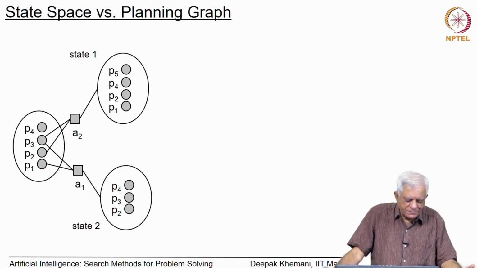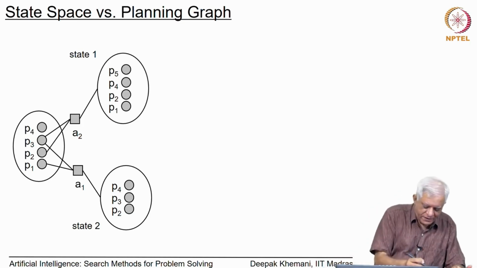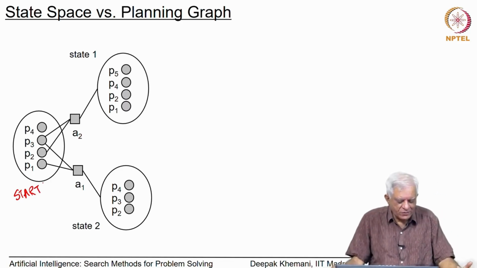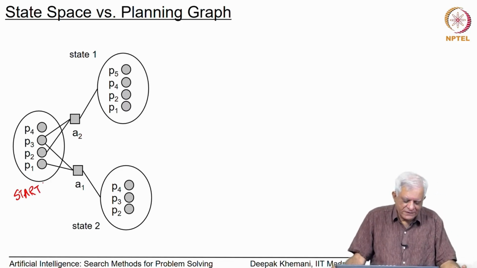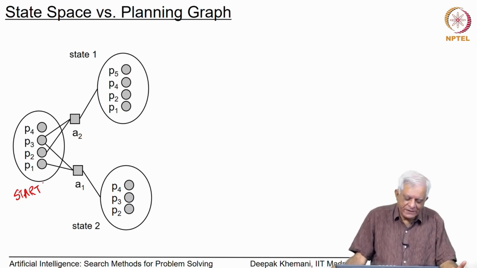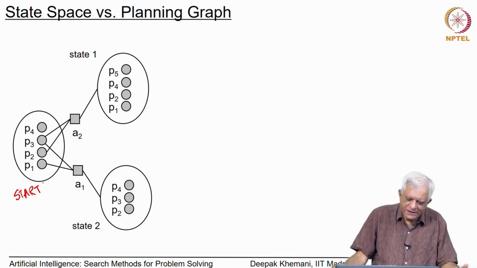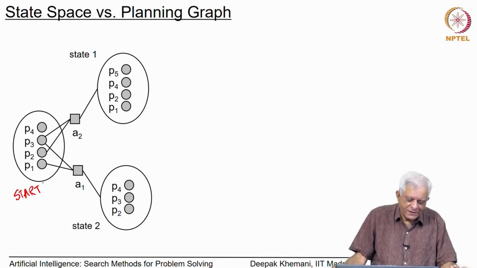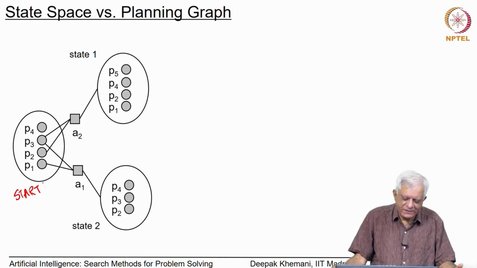If this was a problem, and given that this was a start state which had 4 propositions P1, P2, P3, P4, and there were 2 actions A1 and A2 that were applicable in the start state, then a search based planner would construct a search space in which, for example, in forward state space planning, it would apply the applicable actions and progress over that action to the new state.